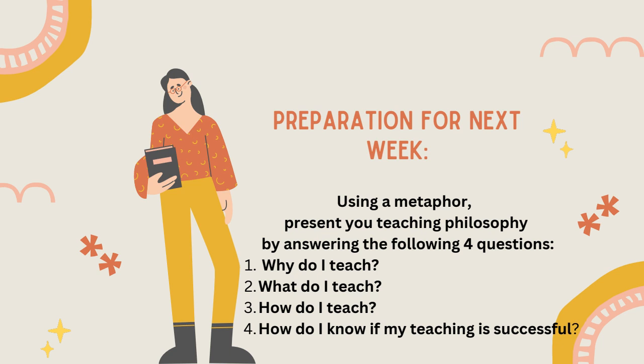And then you're going to answer 4 questions. Why do I teach? What do I teach? How do I teach? And how do I know if my teaching is successful? By answering those 4 questions, you are going to then present, basically, your philosophy of teaching.